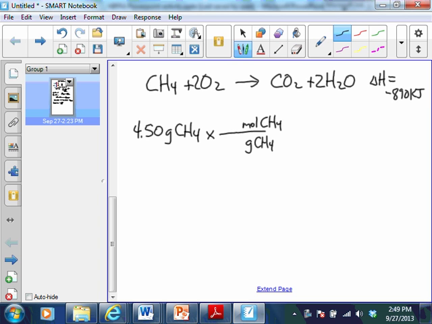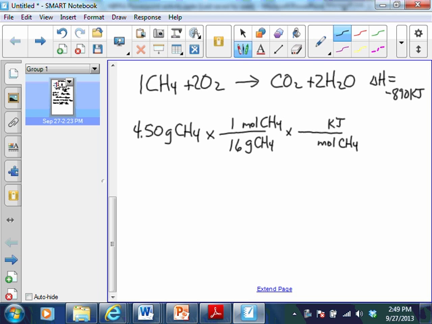I'm going to be a little lazy here just for the sake of time, and we'll say that that's 16. Round a little bit. Now, I'm going to go one step further, though. Okay? Now I know the number of moles, but I can actually say in a mole of CH4, I'm going to produce a certain amount of kilojoules of heat, right? And the equation tells us this.